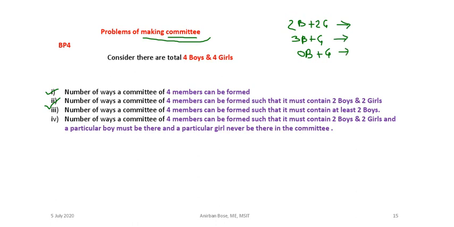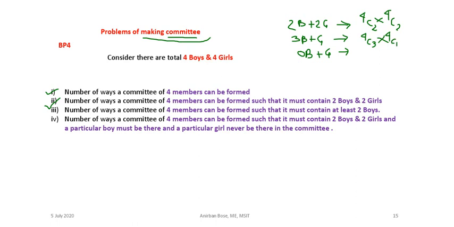So what is the first case? 2 boys, 2 girls. Simple. 4C2 into 4C2. What is the second case? 4C3. Out of 4, the 3 boys can be selected and 1 girl, so 4C1.